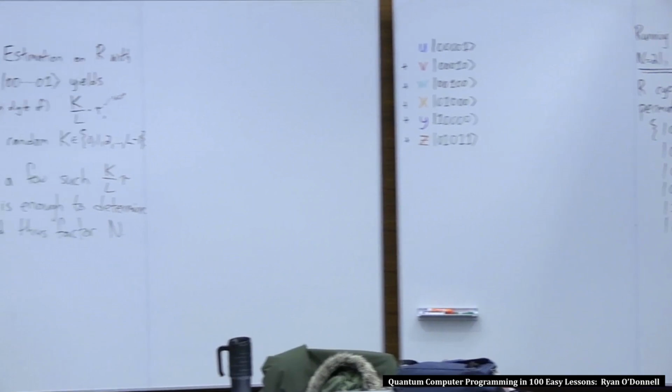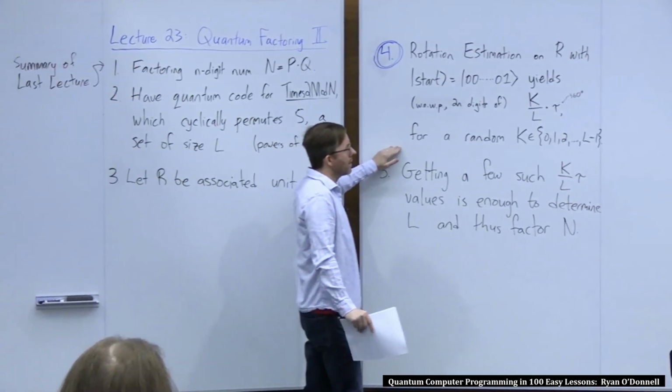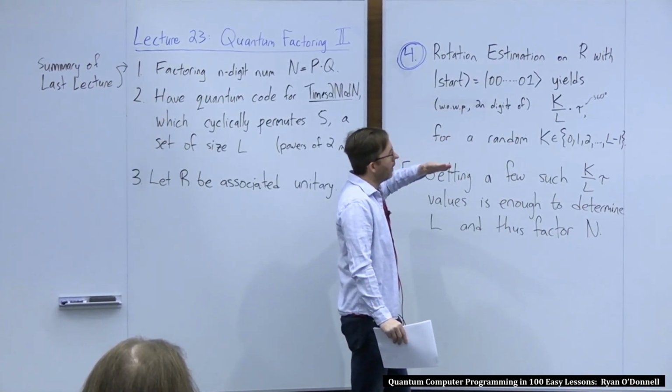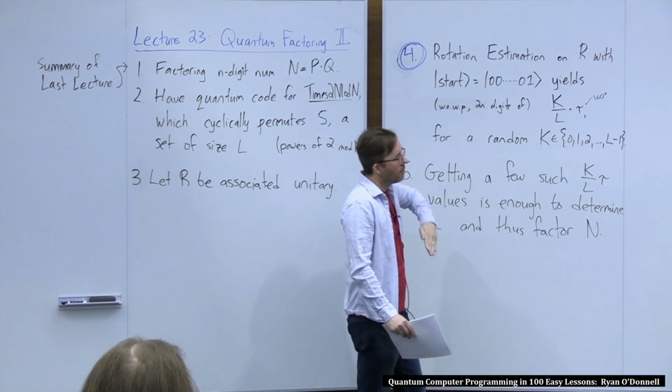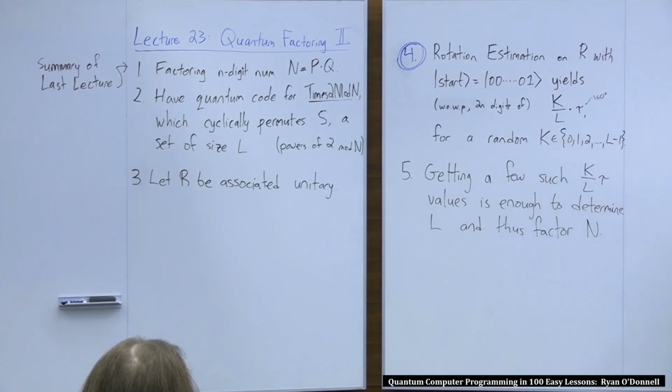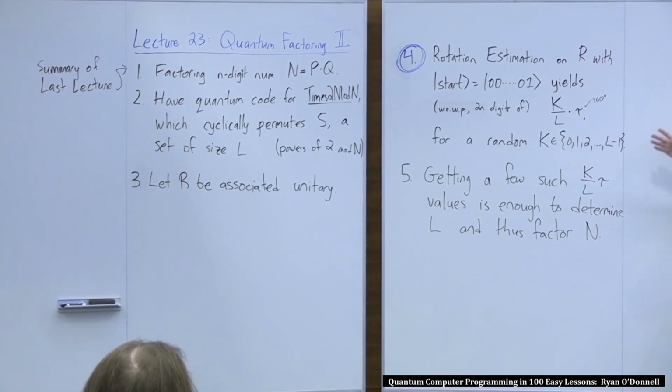And you might even find this very believable in the sense that, we know that if you do this R many times in a row, you'll get back to where you started after L steps. So these rotation angles for the planes that R rotates also have to have the property that if you do the rotation L times, you have to get back to where you started.